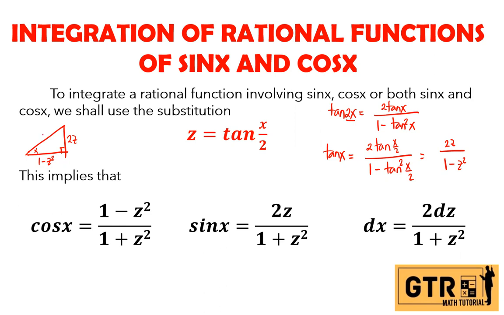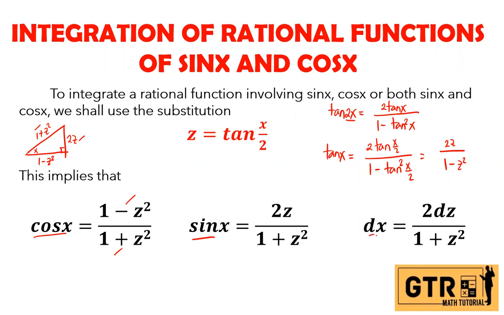If we solve this, the hypotenuse will become 1 plus z squared. Then from the definition of cosine x and sine x, cosine x is adjacent over hypotenuse, so 1 minus z squared over 1 plus z squared. And sine x is opposite over hypotenuse, so 2z over 1 plus z squared.